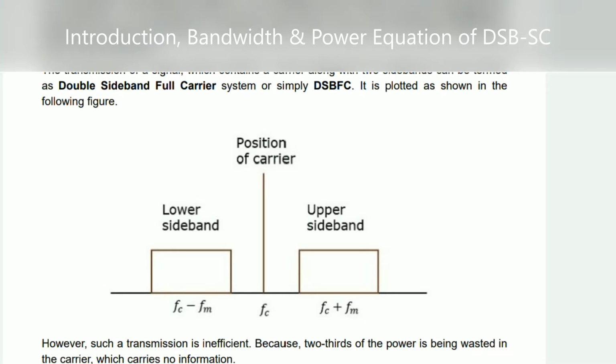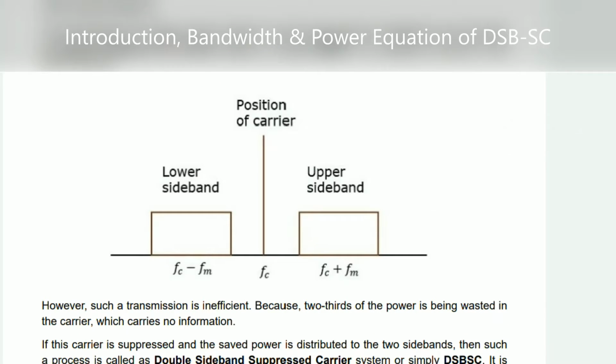So here the transmission is done for all the components. Full transmission is happening, therefore 2/3 of the power has been wasted in the carrier, which carries no information.